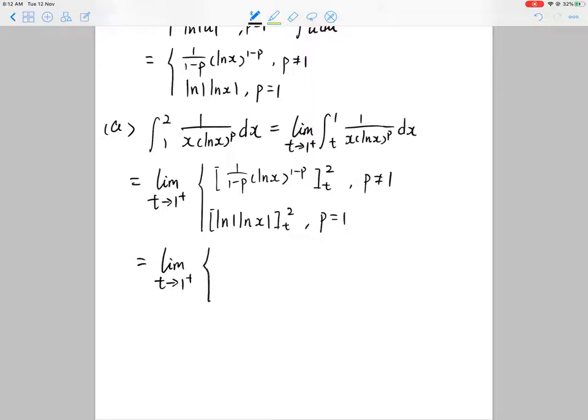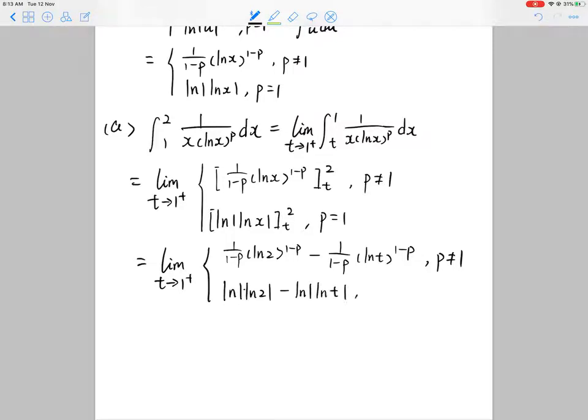So the first one, when it is 2, and when it is t, when p is not 1. The second part, it's just log 2 minus log t.